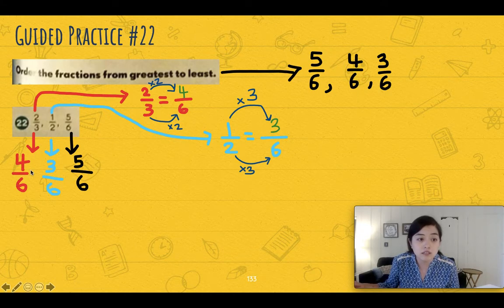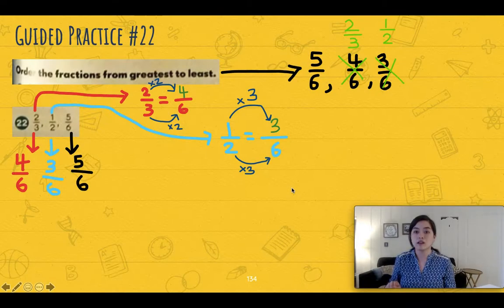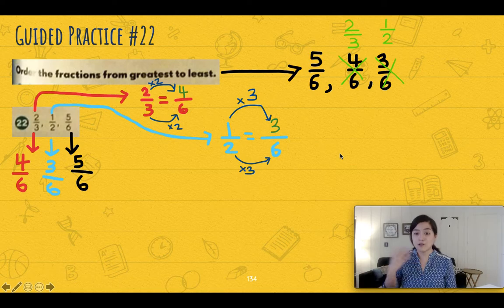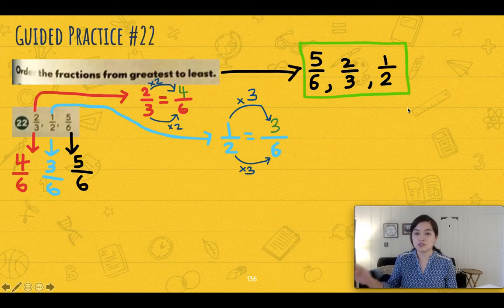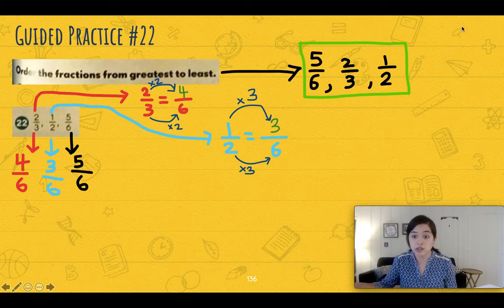So 4/6 is 2/3, and 3/6 is 1/2. So I want to be neat, so I'm going to erase that and write it like this: 5/6, 2/3, and 1/2. And then I'm going to box it to let you know this is my final answer, with all of my work shown here.